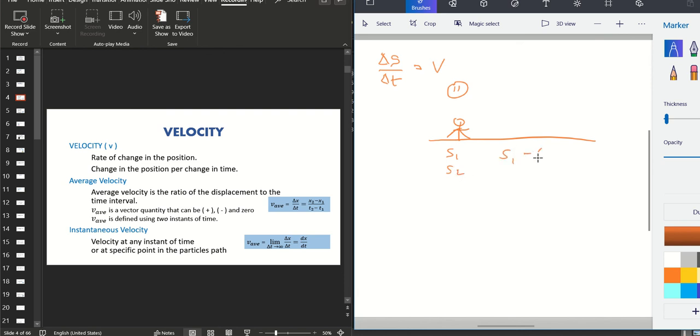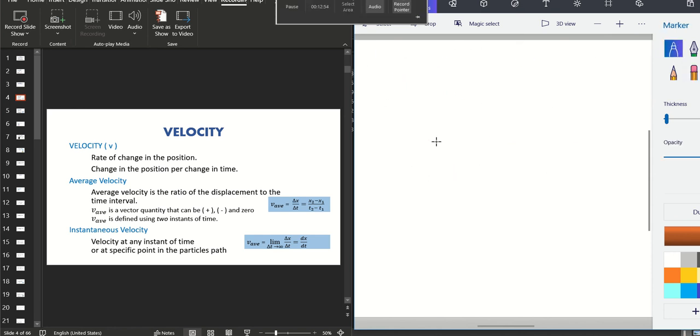And S1 minus S2, assuming that they're the same, is 0, so that's 0 over 1, and that's 0. So you didn't move at all. Right. So the average velocity, that's how you have to think about that.